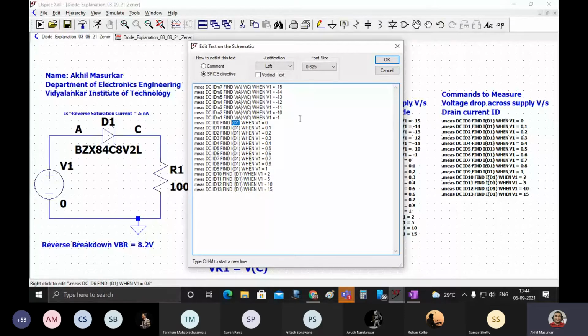Here ID1, because we want the voltage and current across the diode. So this is the change that we have to do as far as Zener is concerned. For Zener, we require values both in forward as well as reverse bias. Right?